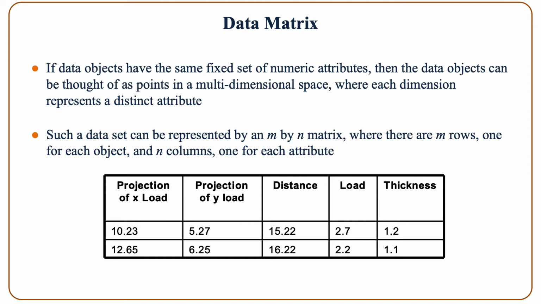So such a dataset could be represented as an m by n matrix, as an example. And here we have m rows or m objects, and then n columns as n attributes.